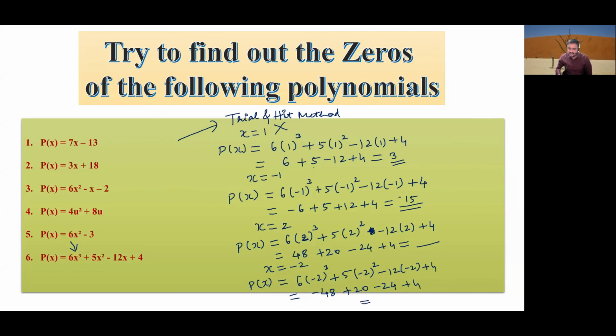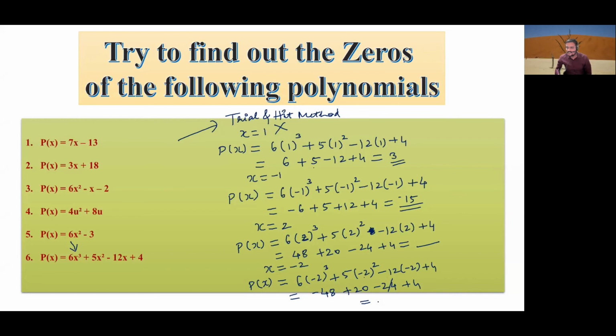So minus 24 and plus eight six of 48 minus 48. 4 5 is 20. This is minus 24 plus 4.